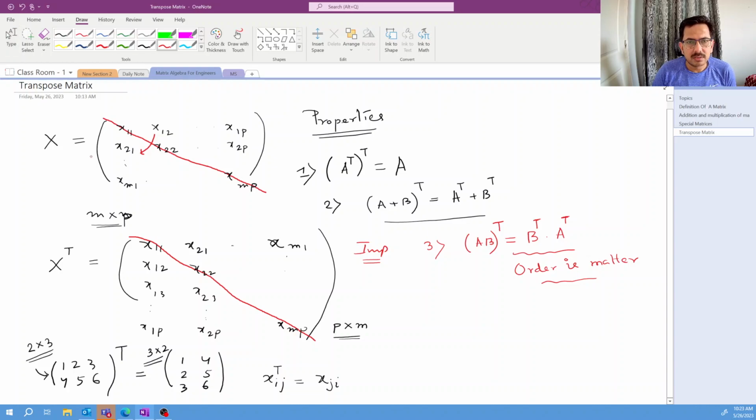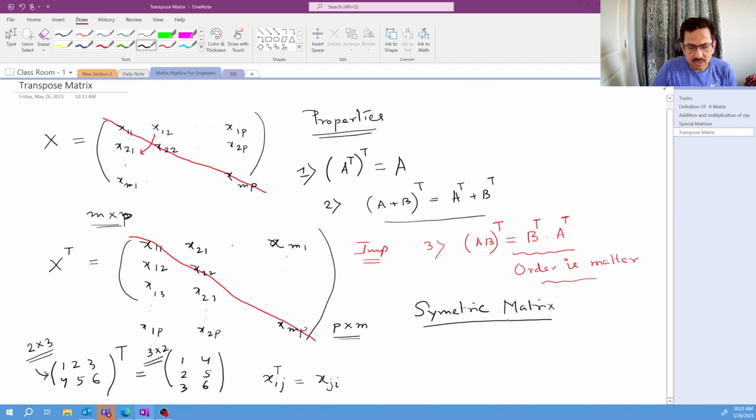using these transpose properties, we can discuss two more things. One is called a symmetric matrix. What is a symmetric matrix?